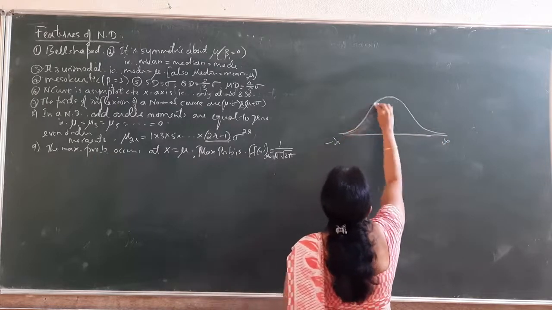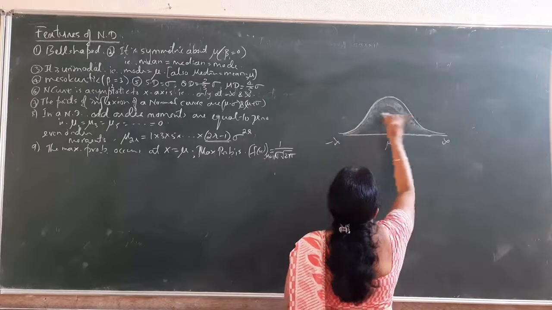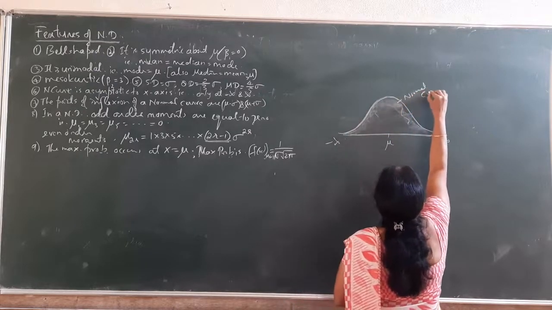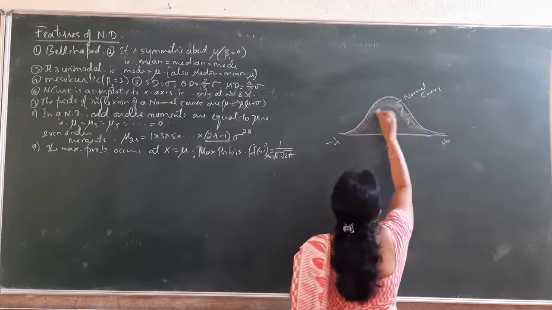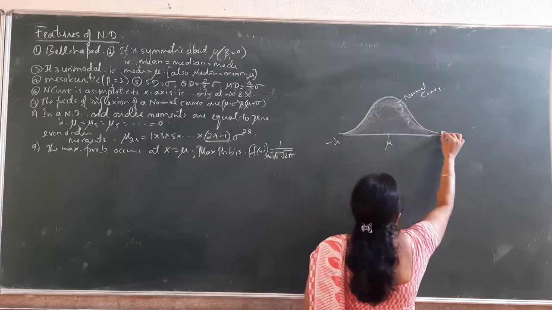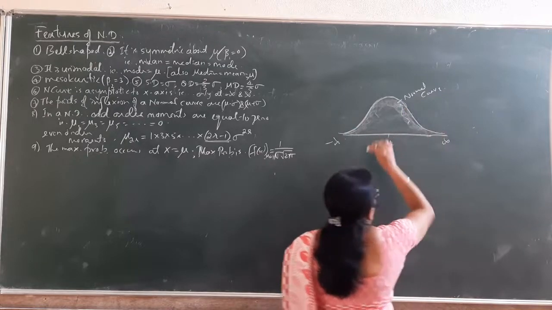Here, this shaded region, in a normal curve, I have shaded some area. This is the area under the normal curve above the x-axis, right?